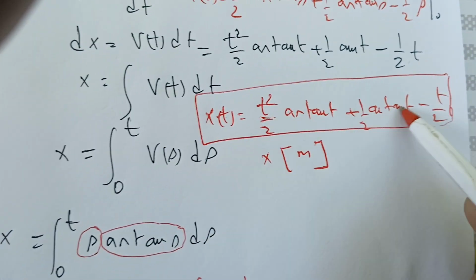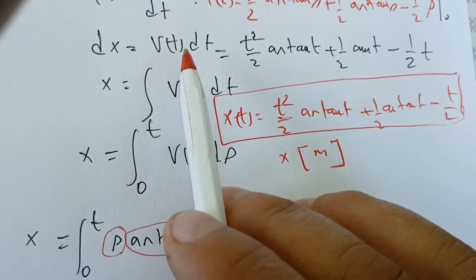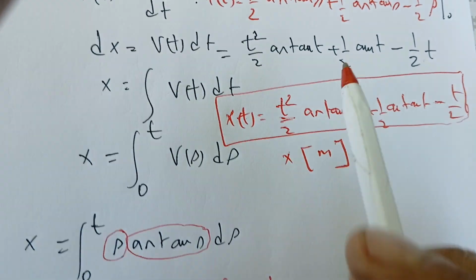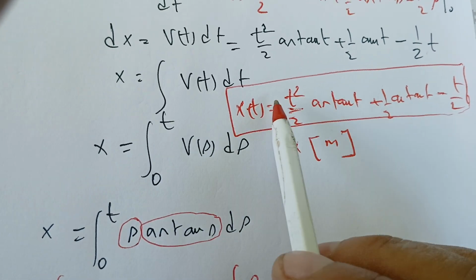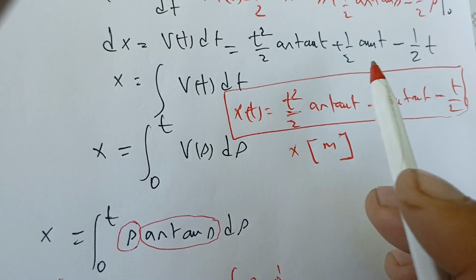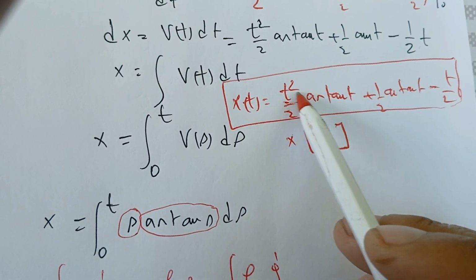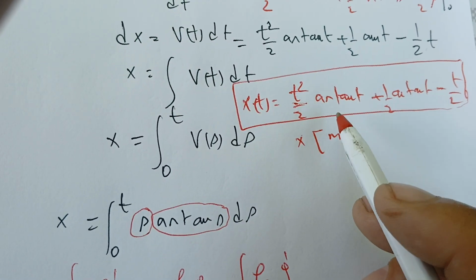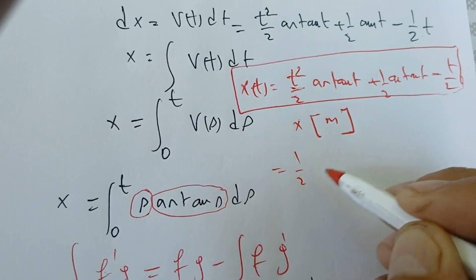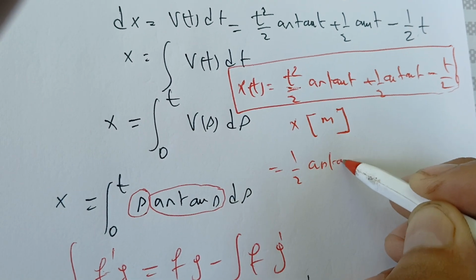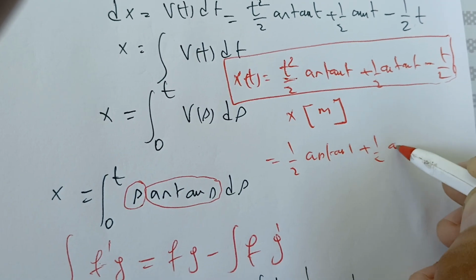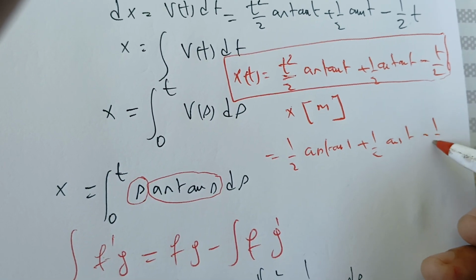If I want to see how much I traveled since I started the movement, I assume that after 1 second I get t equals 1. Then I get 1/2 arctangent of 1 plus 1/2 arctangent of 1 minus 1/2.